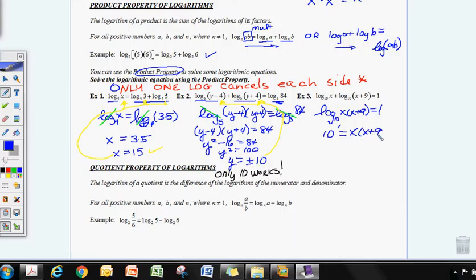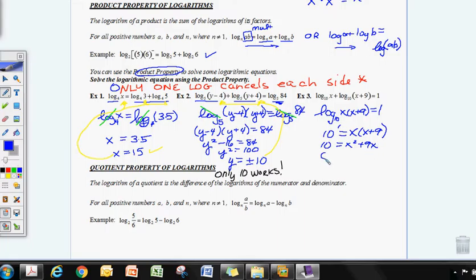Okay, now think about that for a second. If there's not a log on the left and there's not a log on the right, you can't drop logs. So I had to rewrite it exponentially. So 10 is going to equal x squared plus 9x, and now we've got a quadratic.